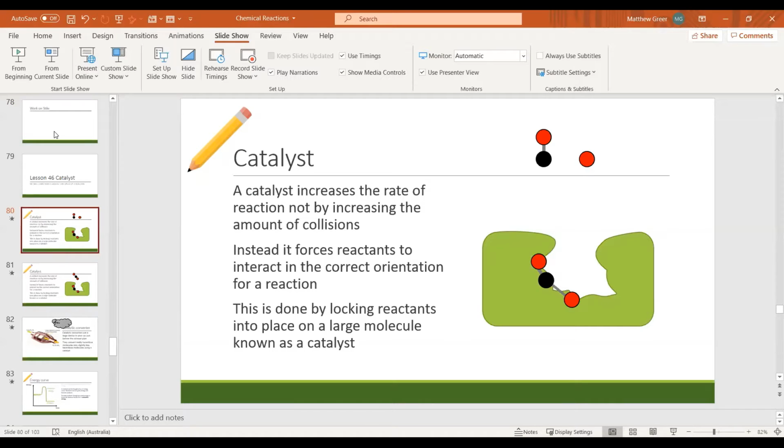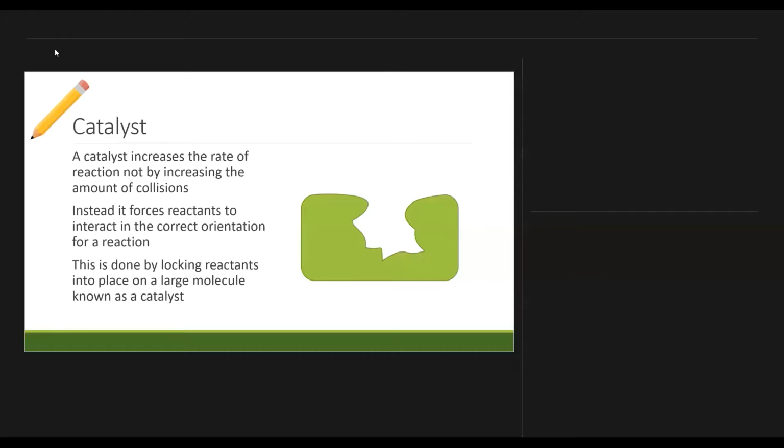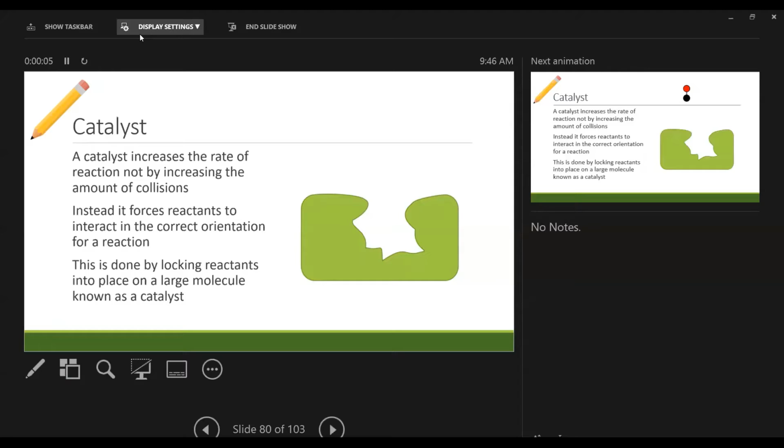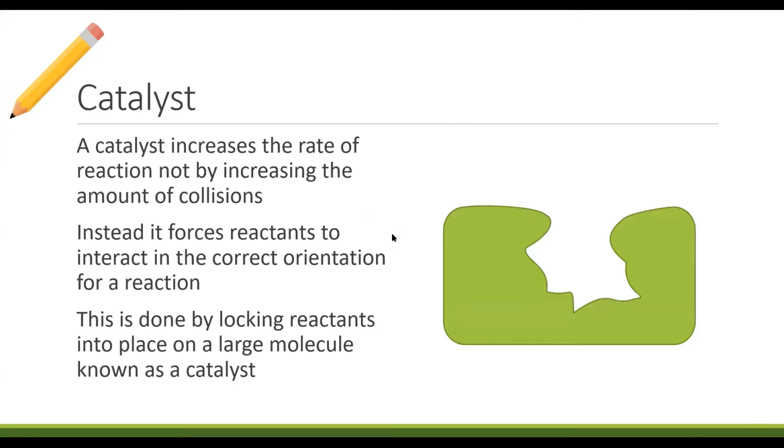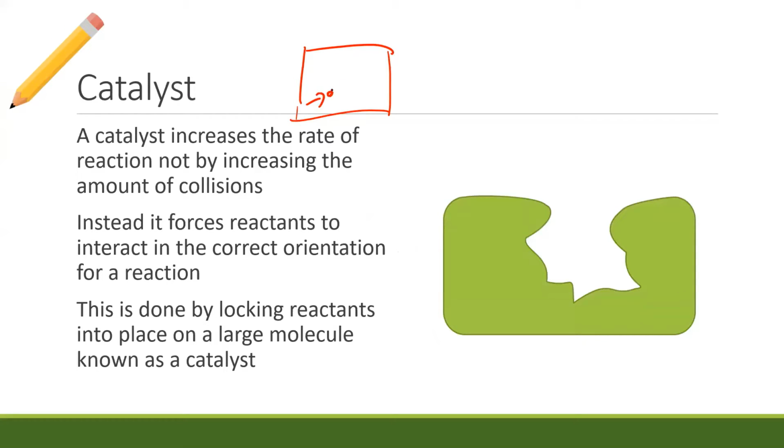Like a lot of these other examples, and I briefly talked about this, a lot of these other examples increase the rate of reaction by just making more collisions. What they do is they say, let's take the box, and when this collides with this, we'll get a reaction.